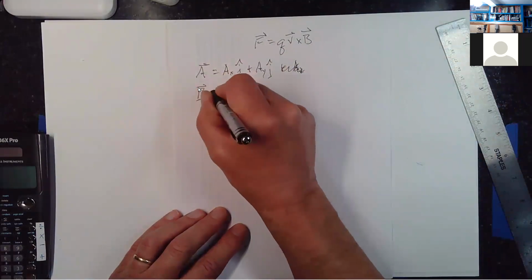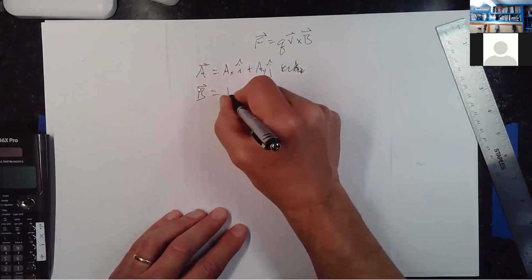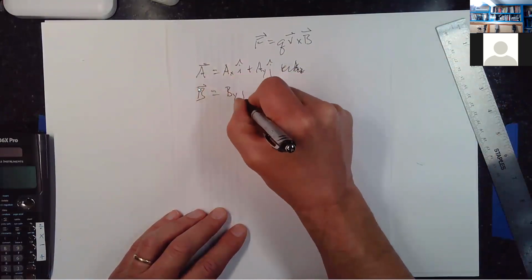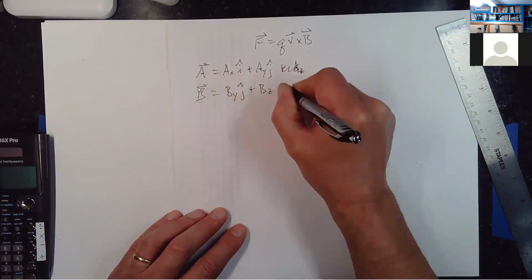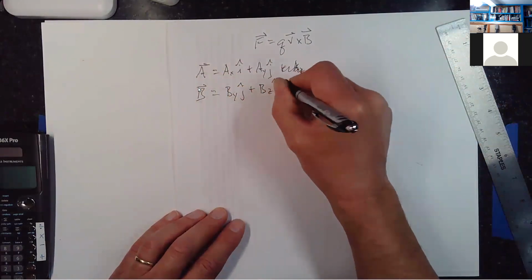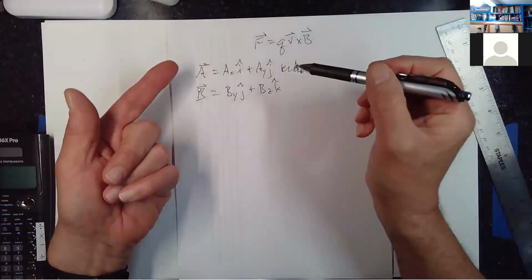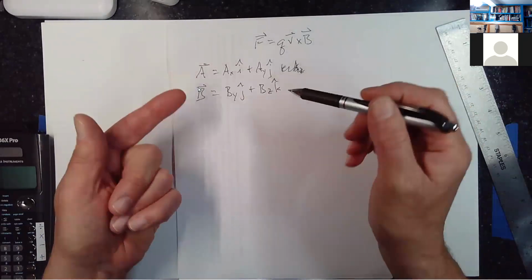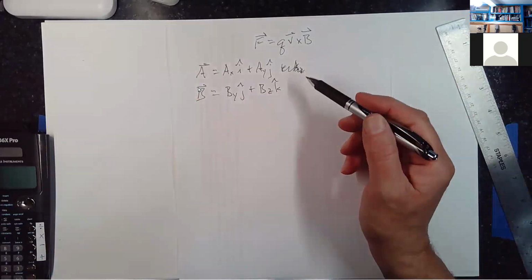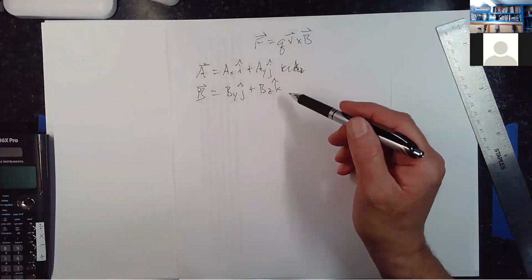And then B can be BY along J hat plus BZ along K hat. So this vector will lie in the XY plane. This vector will lie in the YZ plane.